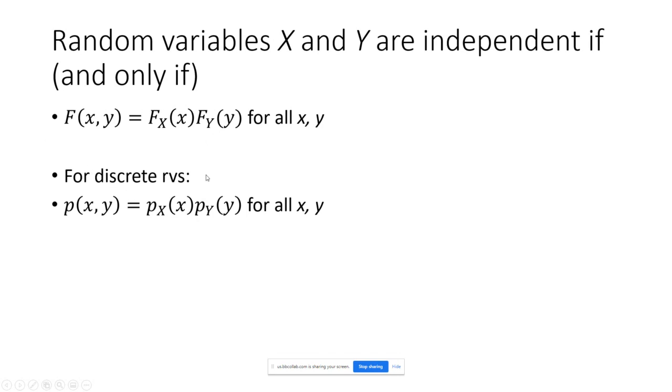For discrete random variables, an alternative way we can check is if the probability of big X being equal to little x and big Y being equal to little y is equal to the product of the marginal probabilities for X and Y, if that's true for all possible values, little x and little y.